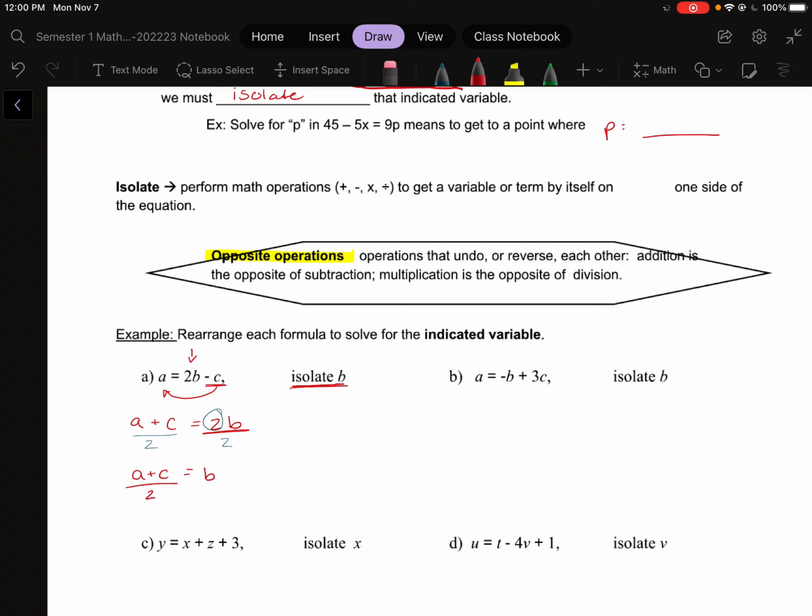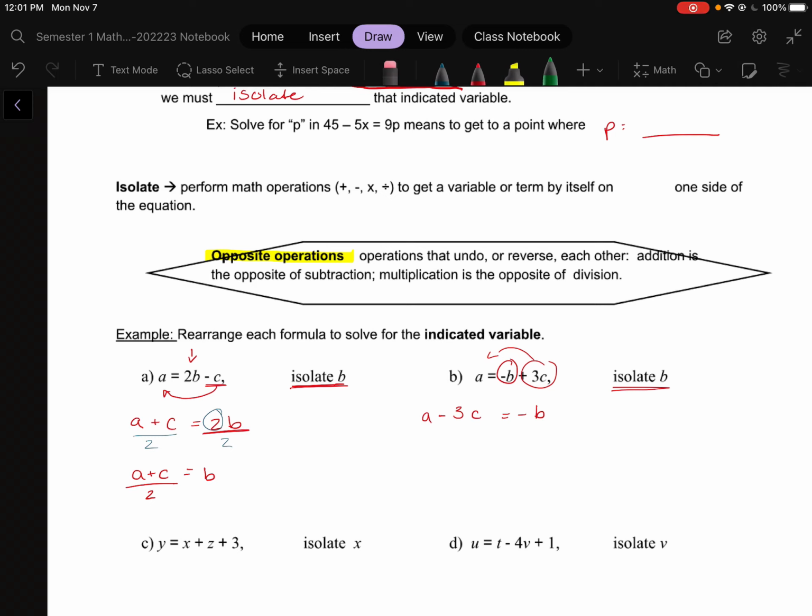Next, we have b here. It says isolate for b once again. In this situation, we have negative b. You can move that over to the other side, up to you, but let's just keep it the way it is. So we're going to keep negative b on the one side. We're going to move our 3c to the other. Remember, it's going to be negative now because it was positive on the one side. We switch it over to the other side, it becomes negative.